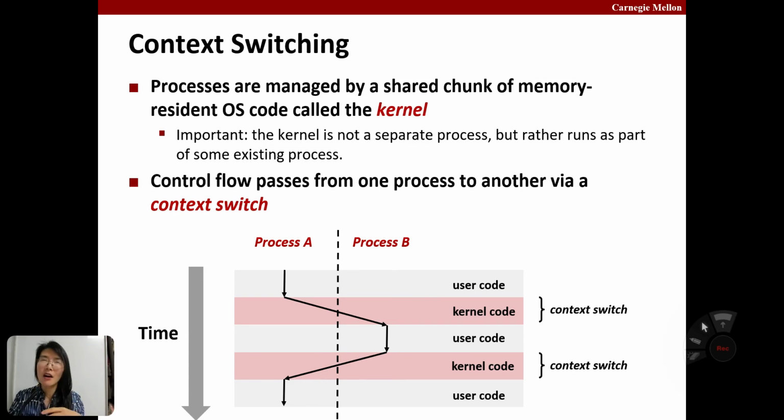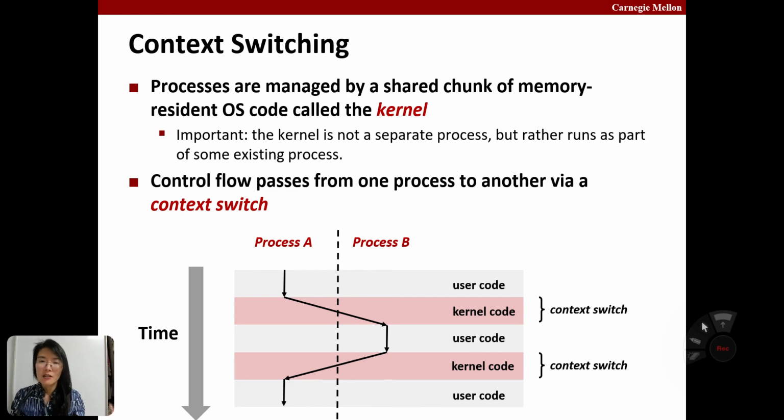Each process can be executed concurrently and share some necessary part, such as the kernel code sometimes, and the remaining part can be separated according to their own policy.